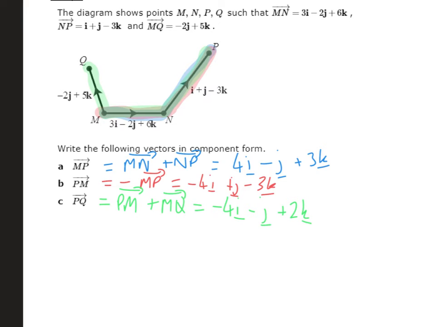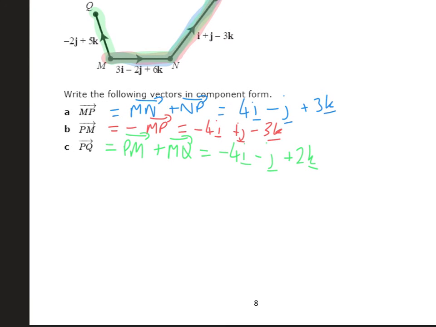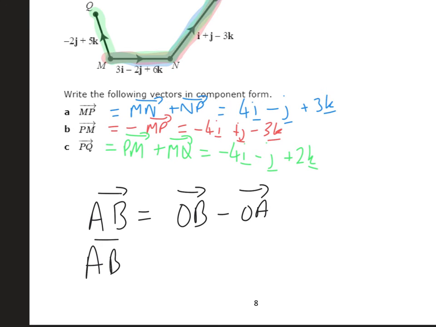As a little rule, if I want to go, say, A to B, you know that one way of thinking about that is it's O to B minus O to A. Another way of thinking about that is I can go from A to anywhere I want, so I'm going to call it X, and then X to B. That's kind of where the first one comes from.